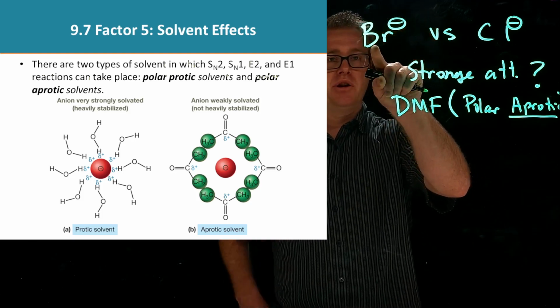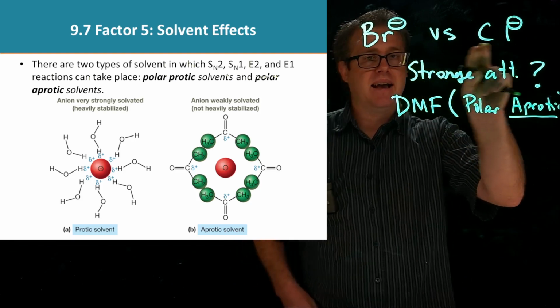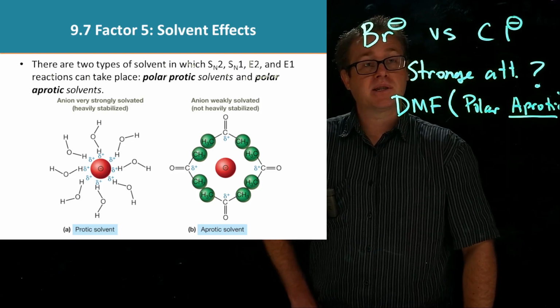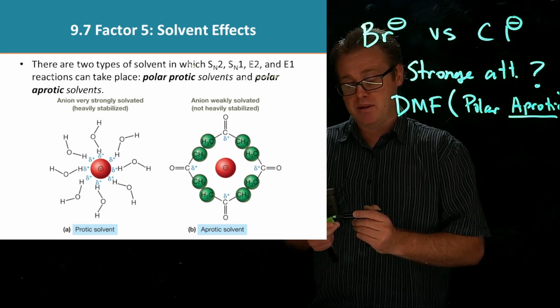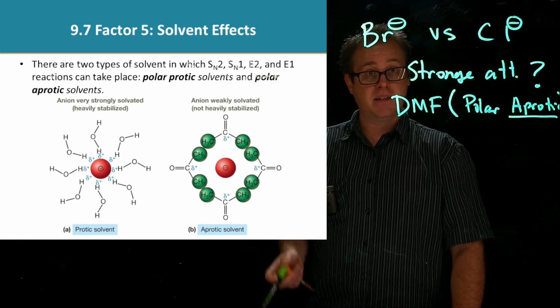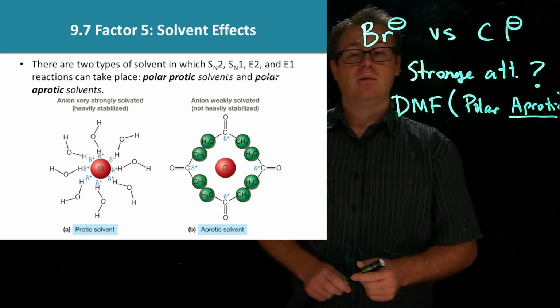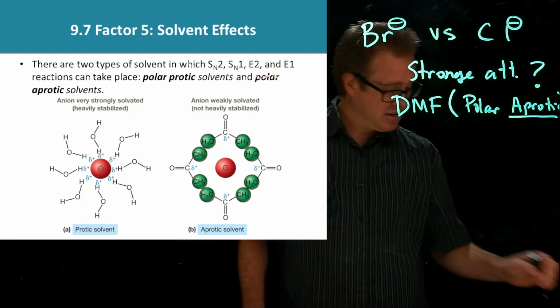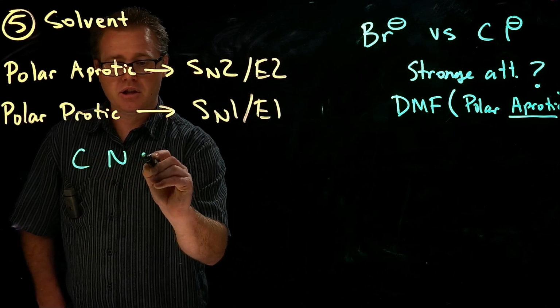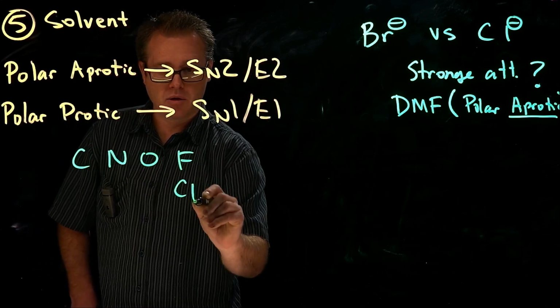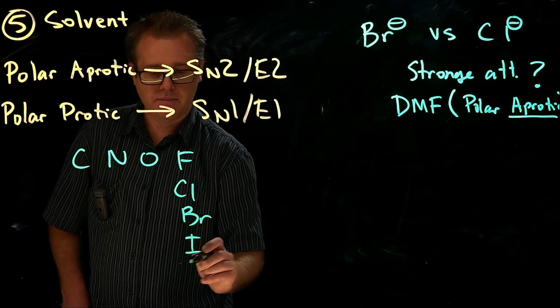So all we're going to do now is look at these two and assess which one's the most stable. And we're just going to use what principles we've learned up to this point. Remember, carbon, nitrogen, oxygen, fluorine, chlorine, bromine, iodine.